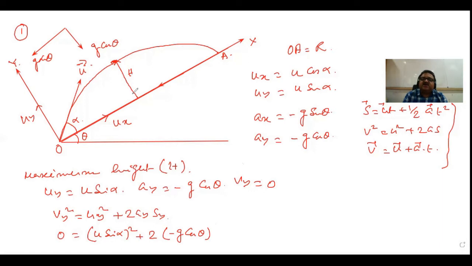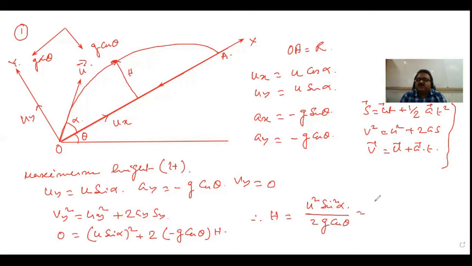Sy is the vertical height, perpendicular to the incline along the positive y-axis, so it is h. If I simplify the result, h is equal to u² sin² alpha divided by 2g cos theta. Correct? Clear?